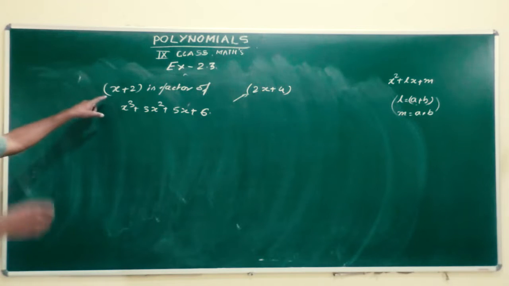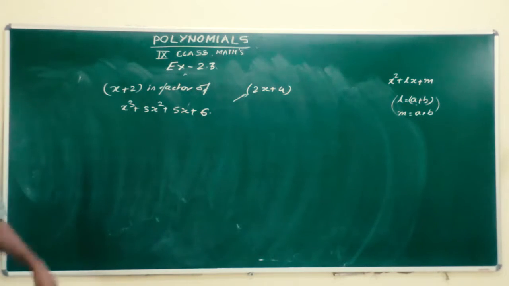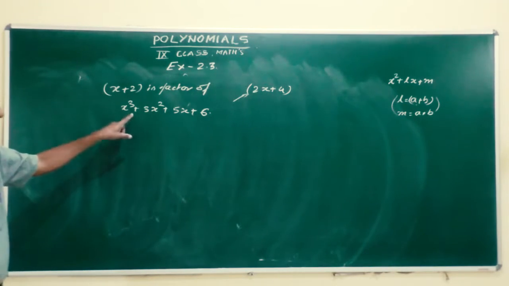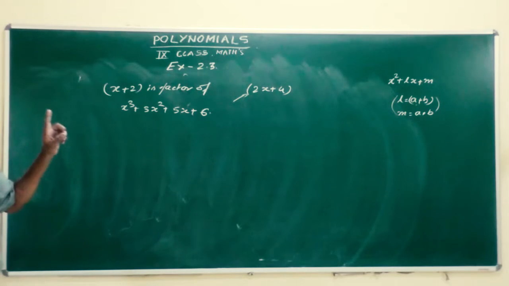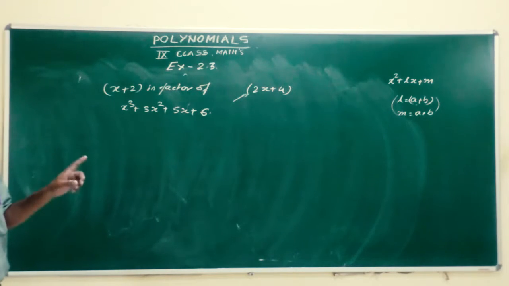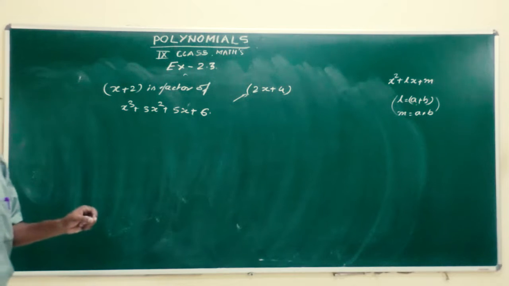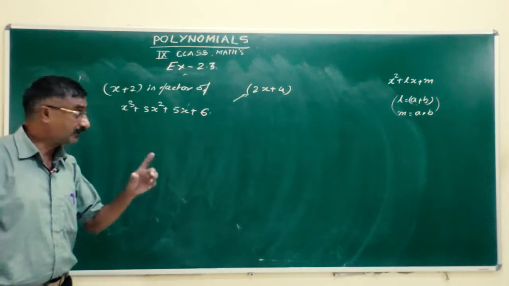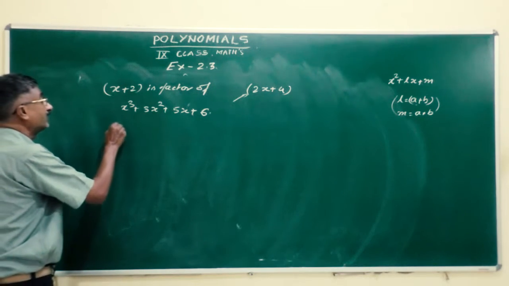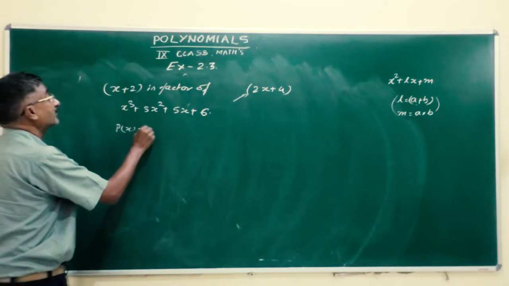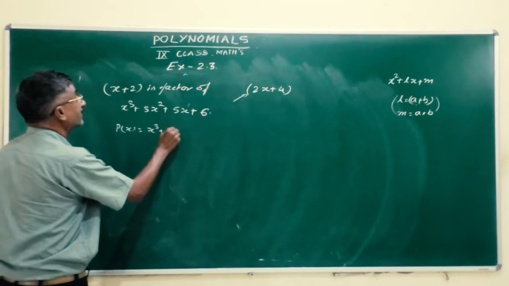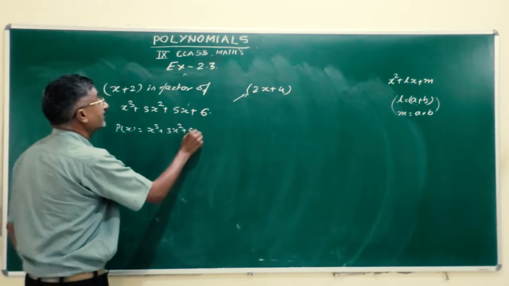What is the factor theorem? If x plus 2 is a factor of this P(x), then P(a) is equal to 0, meaning the remainder is equal to 0. So, what we will do? We will write P(x) is equal to x cube plus 3x square plus 5x plus 6.